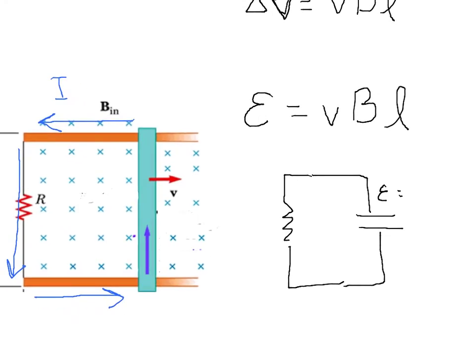Just a little space here to write how big that EMF is, and it's equal to the quantity of V times B times L. So if I need more EMF, I can just speed up my velocity, or I can turn up my magnetic field, or of course I could totally build the whole thing differently and maybe make a longer bar. But that gives me the ability to create any kind of EMF that I want.